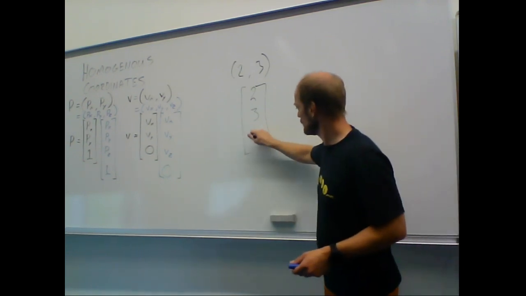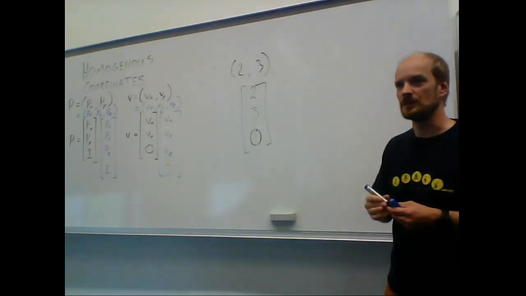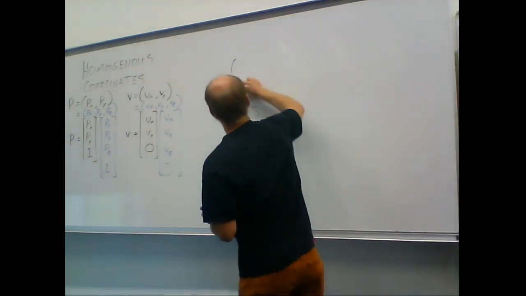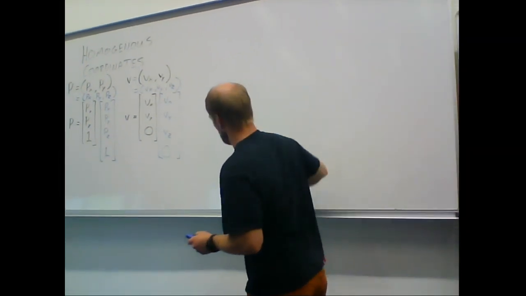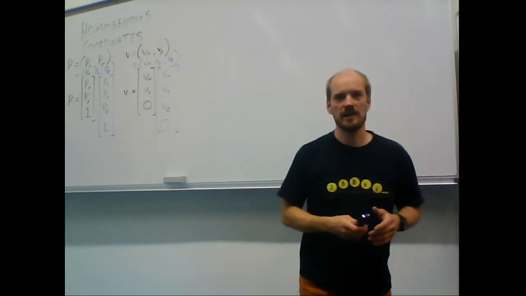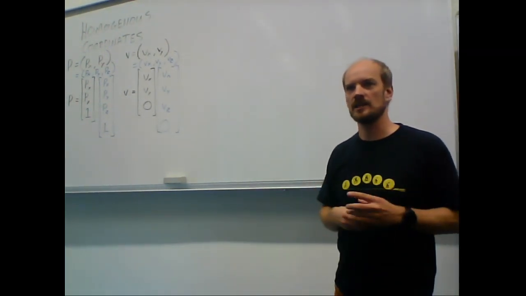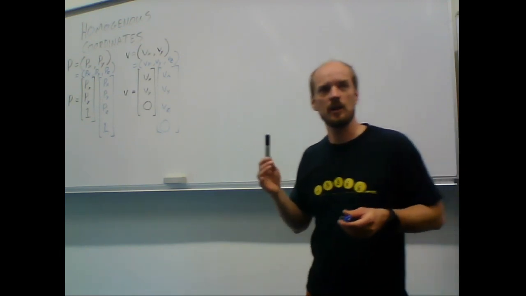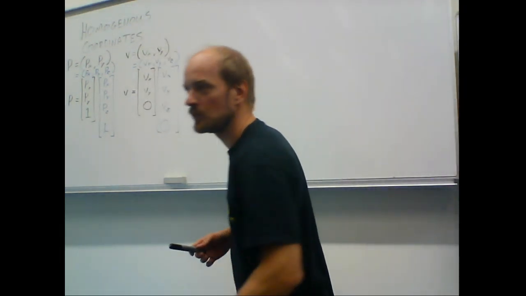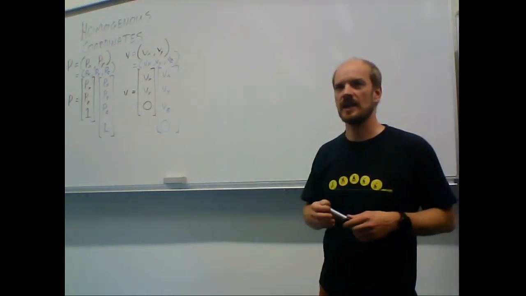If there's, however, a 0 at the bottom, it's a vector. So that's the only thing we gain to begin with. But we'll see how this affects the calculations, in that they work out for points and vectors differently, exactly in the manner that we've defined already. Things that can and can't be done for points, and things that can and can't be done for vectors.